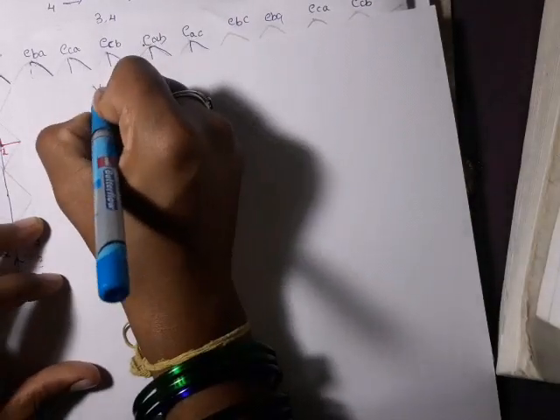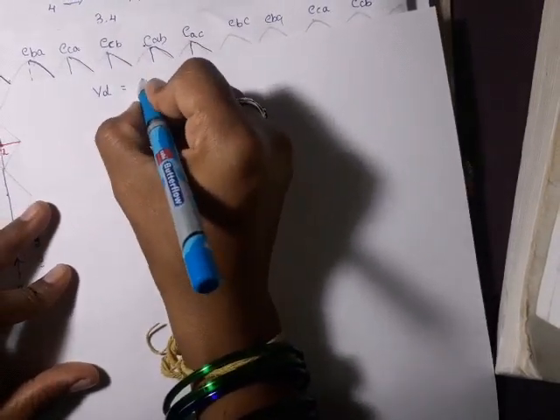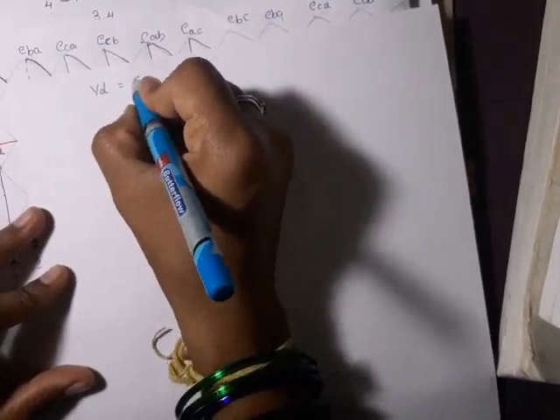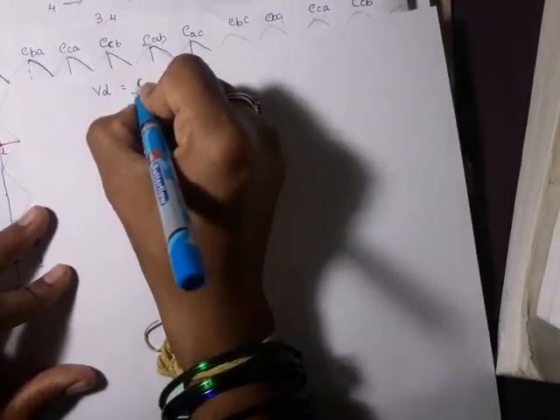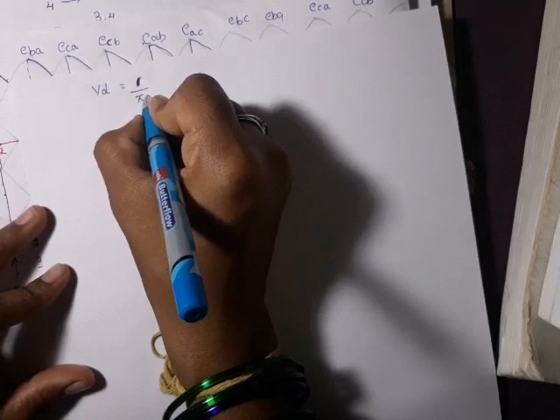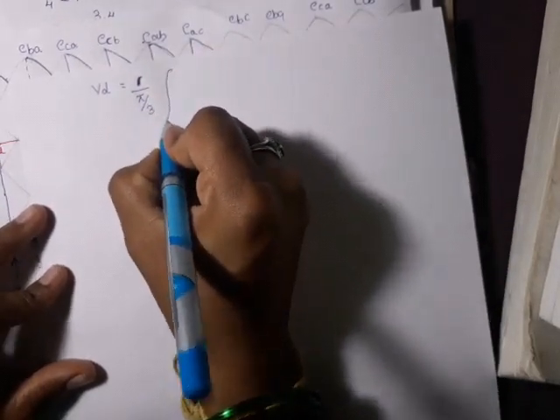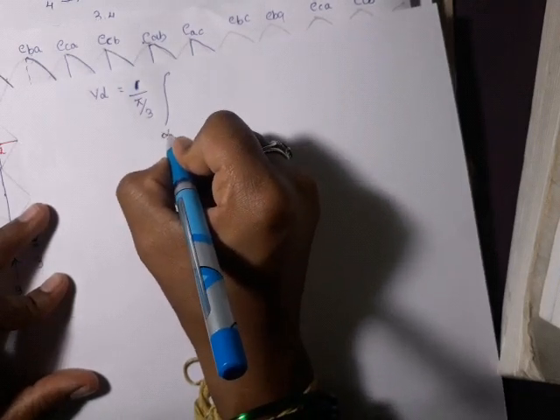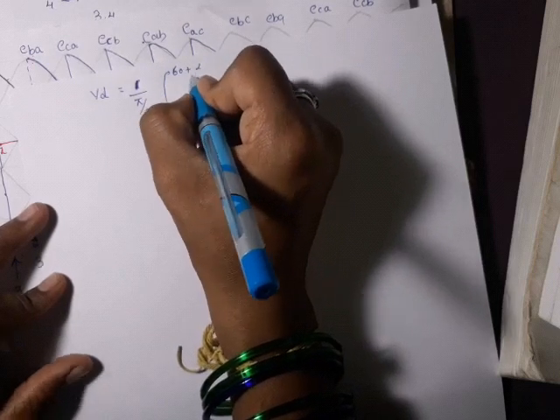Let us derive it now. Our output voltage, I will consider it as VD. What is the VD? We are considering this for 60 degrees. So VD is 1 by pi by 3, that is 3 by pi, times the integration from alpha to 60 plus alpha, which is nothing but pi by 3 plus alpha.